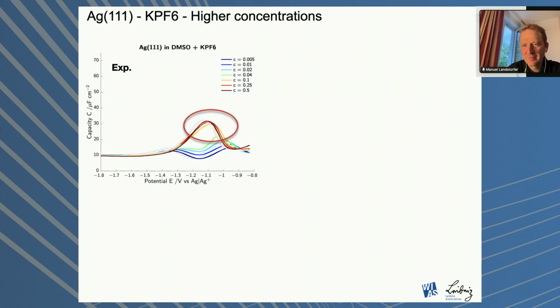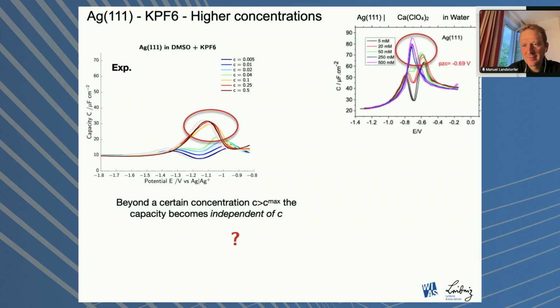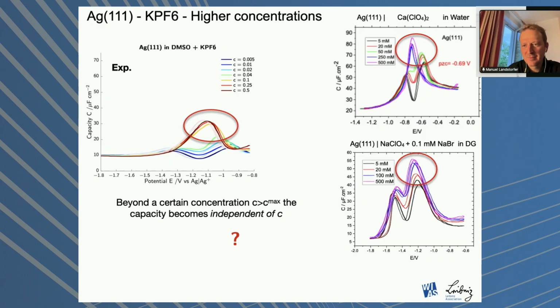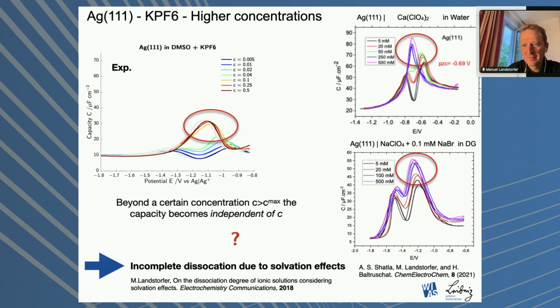So the curve remains the same. The finding is that beyond a certain concentration, the capacity becomes more or less independent of additional salt you put in. And this doesn't hold only for DMSO, but also, for instance, for calcium diperchlorate in water and sodium diperchlorate in decaline. So that's a rather general thing.